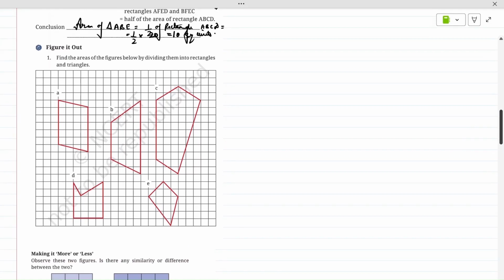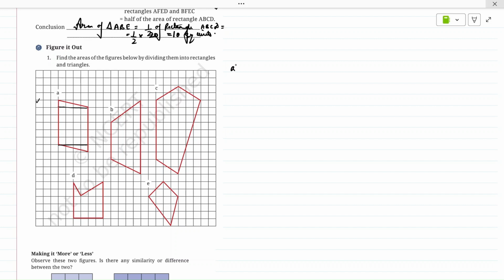Now moving next, find the areas of the figures below by dividing them into rectangles and triangles. Kids, I'm just picking one of these because the same things we have done earlier also. I am just drawing a line here. This will become one triangle. Same, I'm making it here. This will also become one triangle.